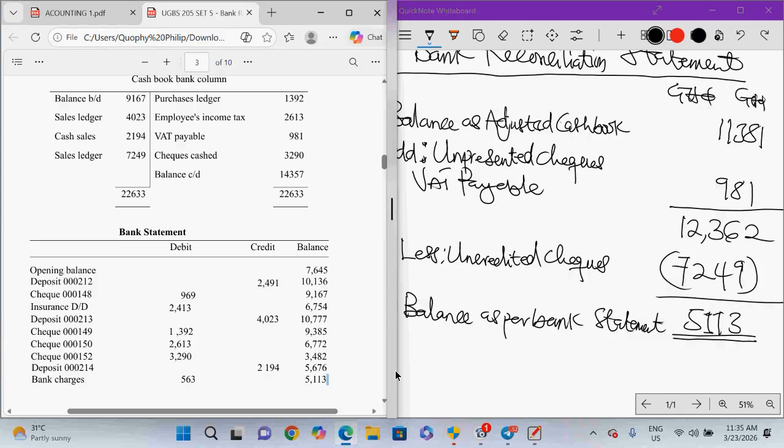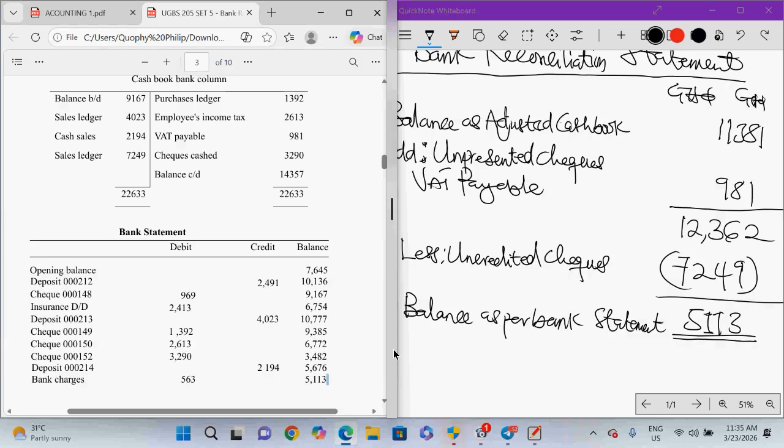They will not give you the cash book. You have to prepare the bank reconciliation statement first, and then the answer you get, you will bring the answer to the credit side of the cash book, and then the difference will be the balance brought down, right? I think we'll look at a question like that also. So yes, they can decide not to give you the bank statement balance, but definitely they will give you the cash book.